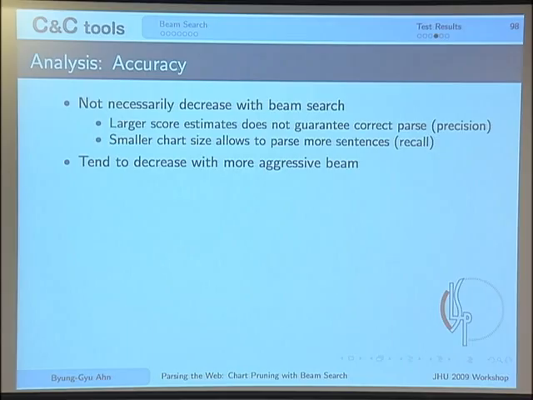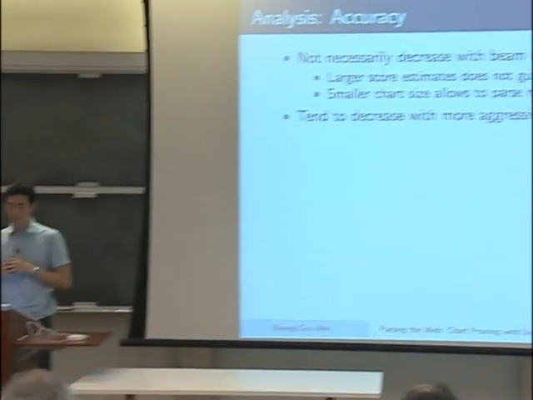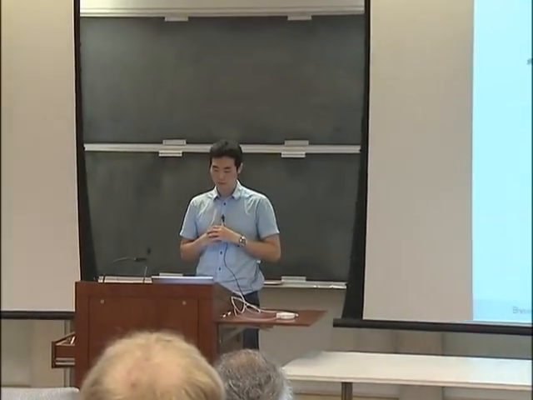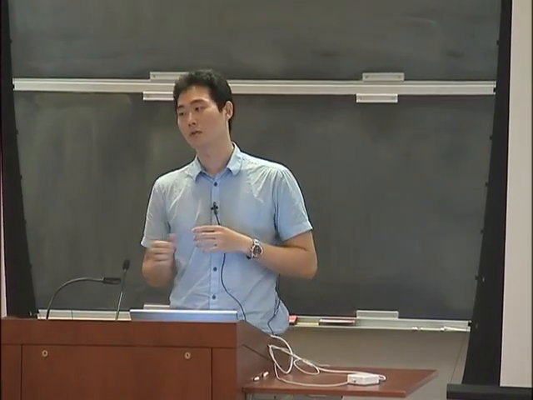Accuracy does not necessarily decrease with beam search, because the constituents that get larger score estimates from the parse model are not necessarily the same ones as in the gold standard. And the beam search makes the chart size smaller, and it allows the parser to parse more sentences, so it can actually improve accuracy too.